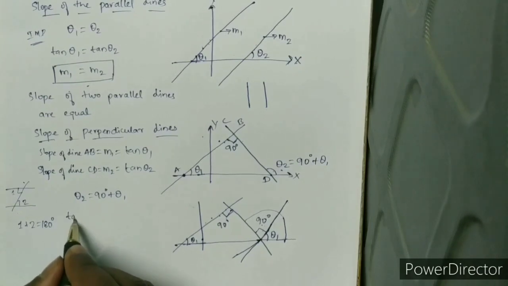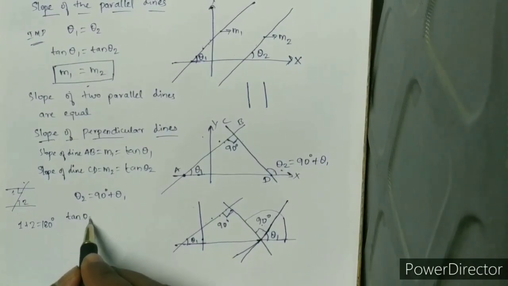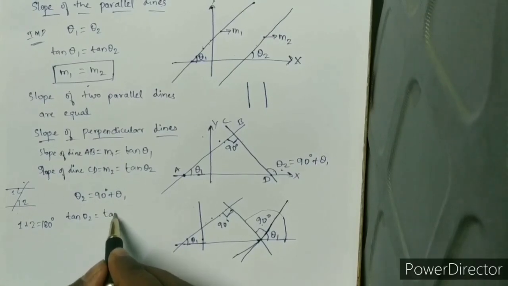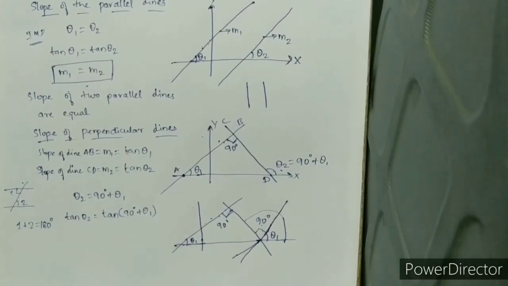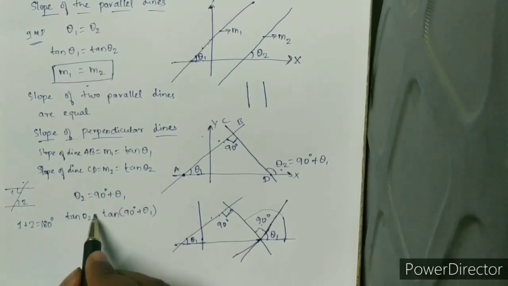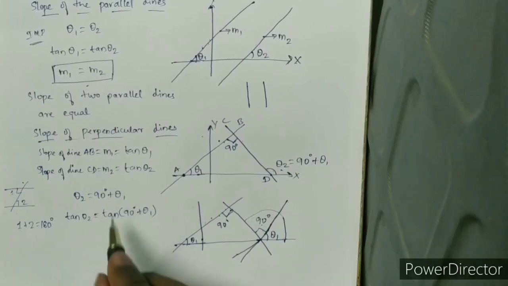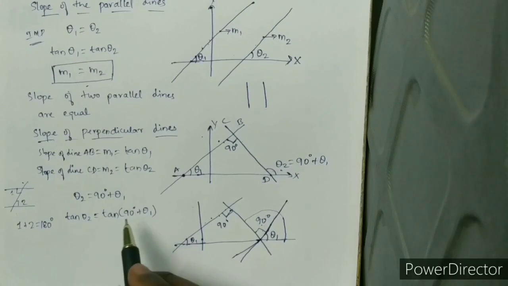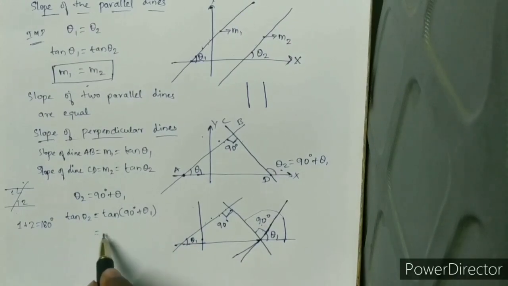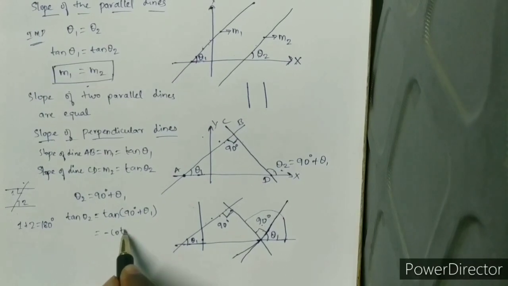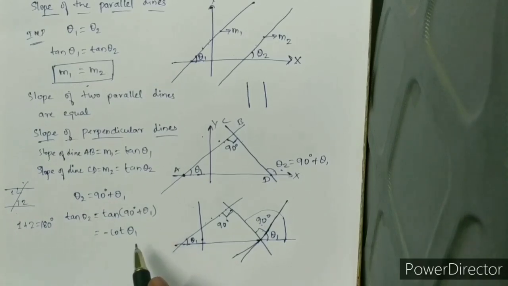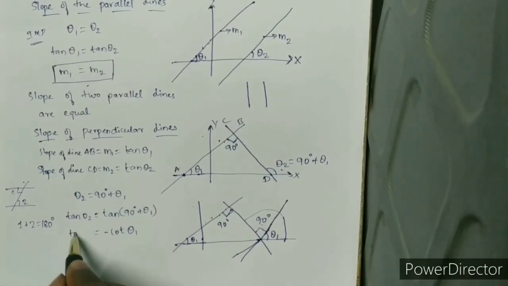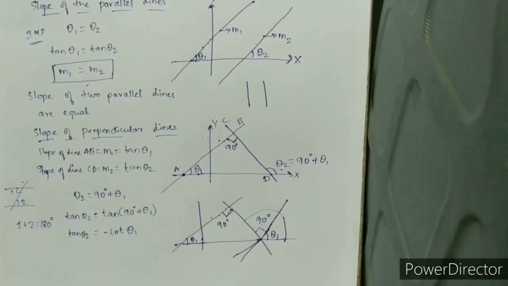Taking tan on both sides, tan theta 2 is equal to tan of 90 plus theta 1. So we know tan of 90 plus theta is nothing but minus cot theta.